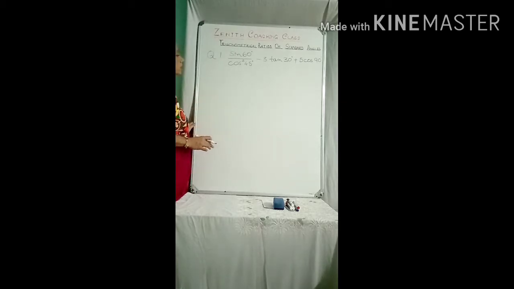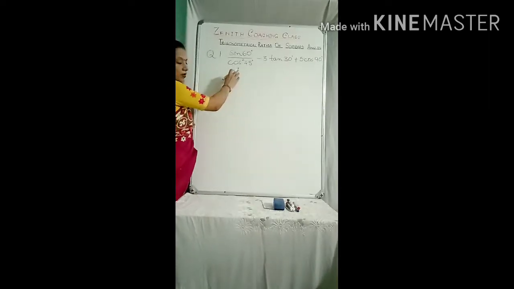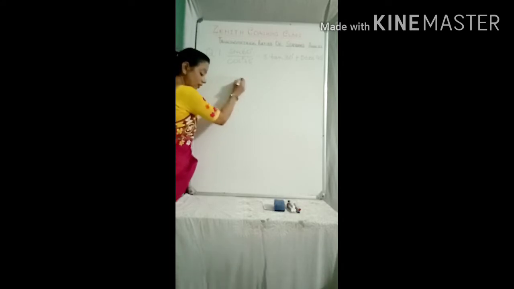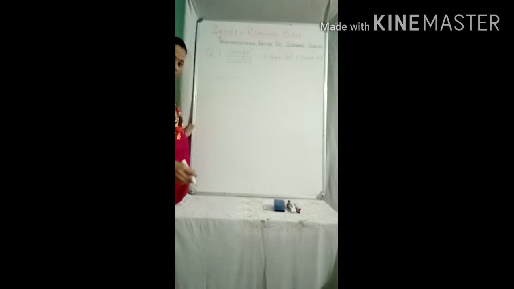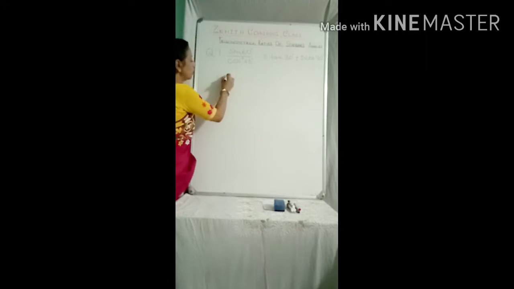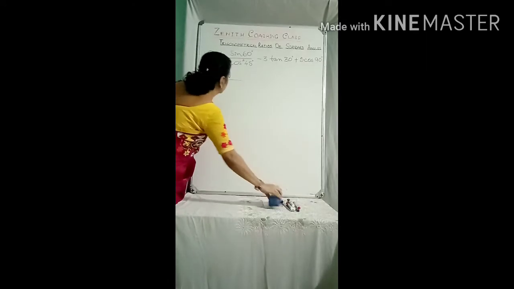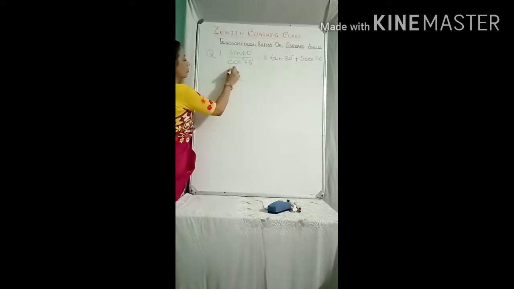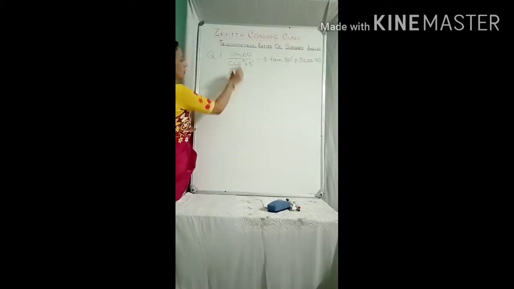Here is cos square, I'll tell you about the square. What do you know about sin 60 degree? Sin 60 degree equals root 3 by 2.